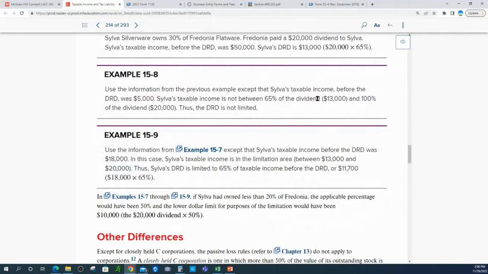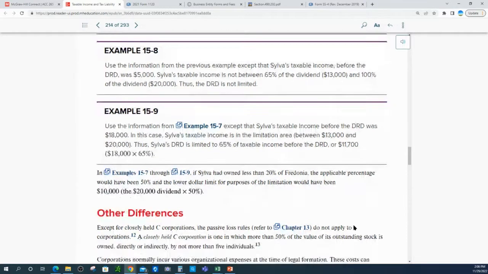So what you do is take 65% of the dividend and 100% of the dividend, and if the income falls between those two amounts, which in this case it did, then you take 65% of the actual income rather than 65% of the dividend. Okay.